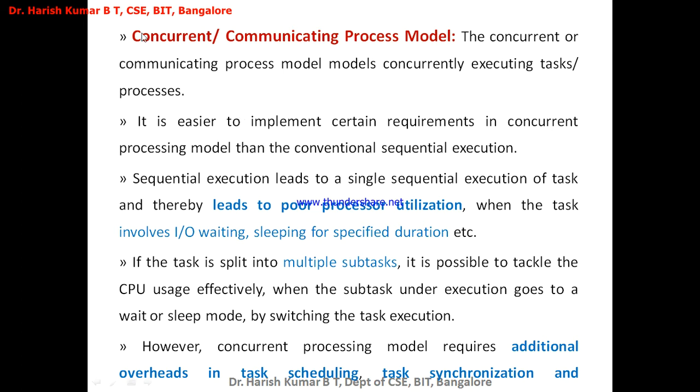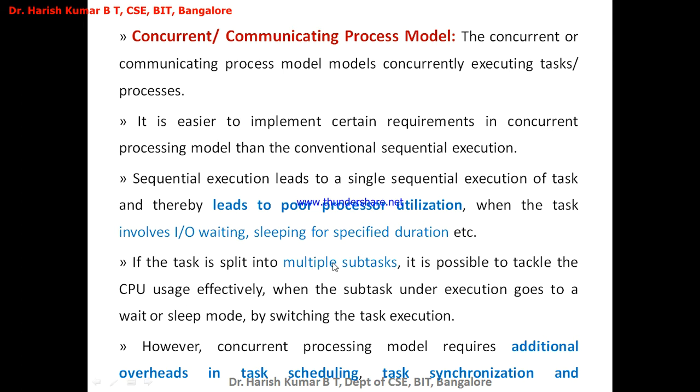Now, the processor utilization can be increased by using the concurrent processing model. What the concurrent processing model will do is divide or split the task into multiple subtasks, and it is possible to tackle the CPU usage effectively.